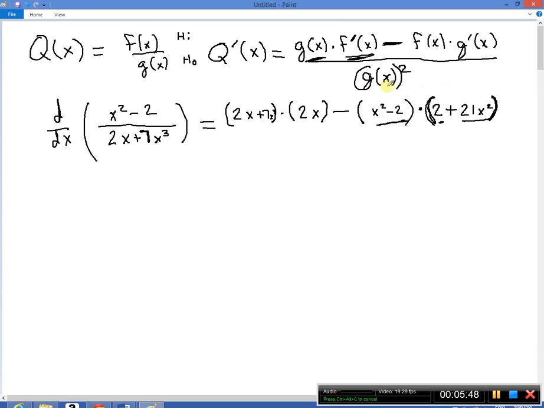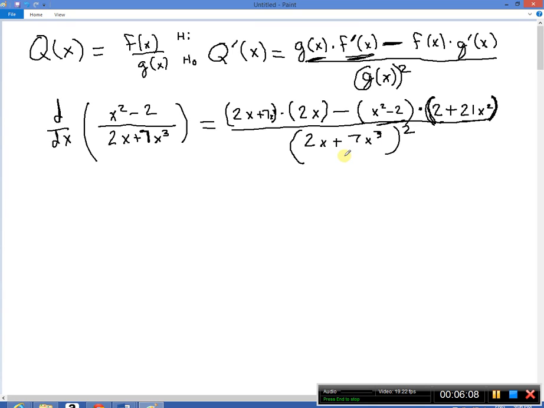So this is the entire quantity. And then you've got to divide that by 2x plus 7x cubed. That's the denominator, and you've got to do it over the denominator squared.